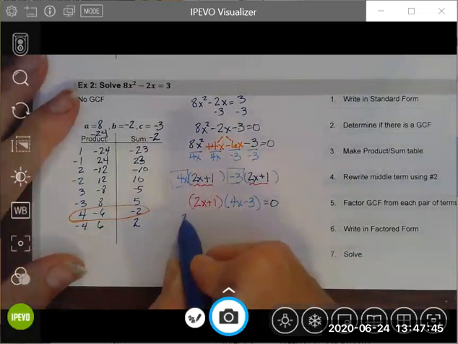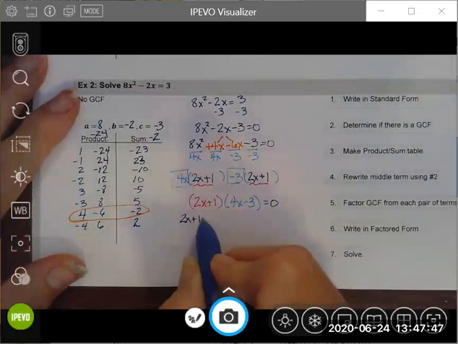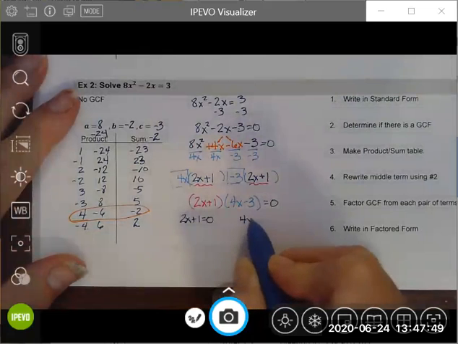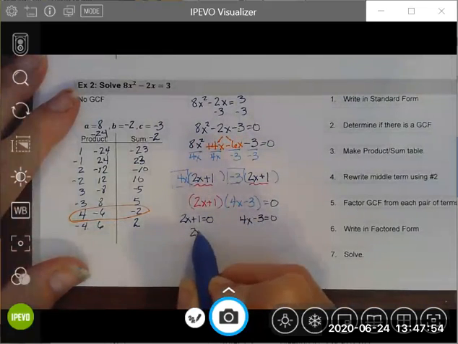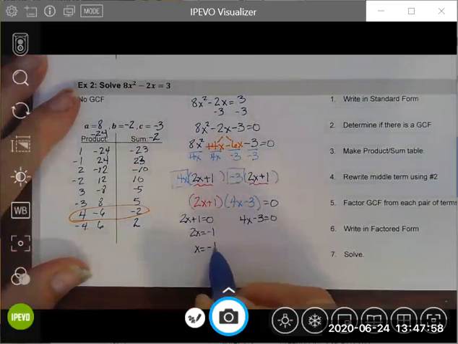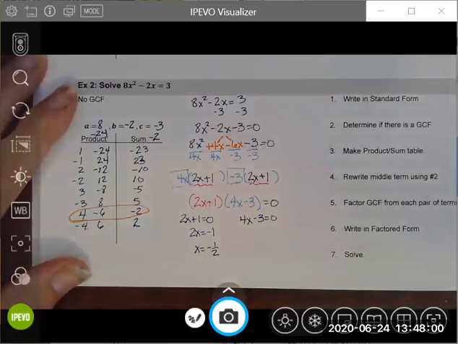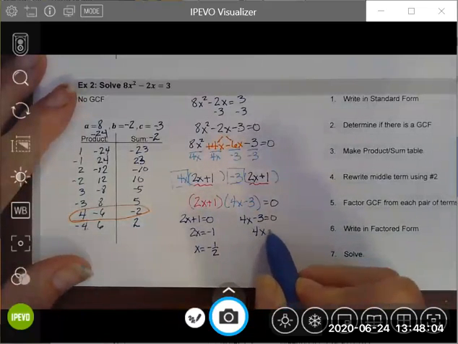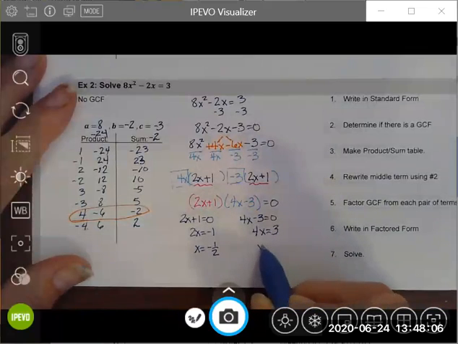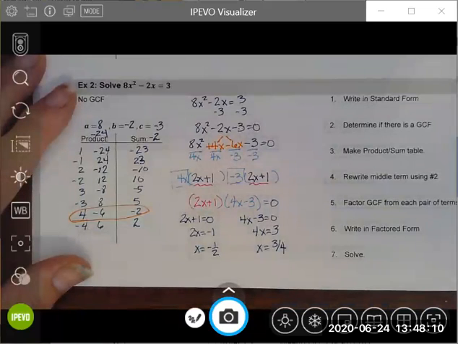And to do that, I write my baby equations. And I solve each one. I subtract 1 from both sides, and I divide by 2. And I end up with a solution of negative 1/2. Over here, I would add 3 to both sides, and then divide by 4, and end up with a solution of positive 3/4.